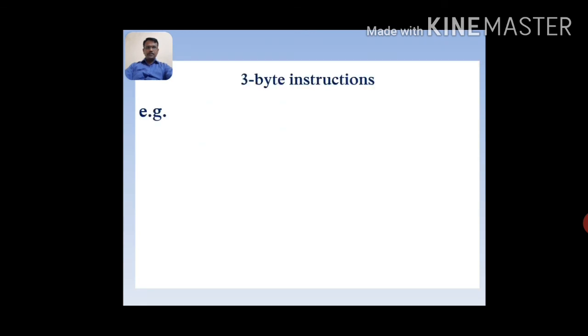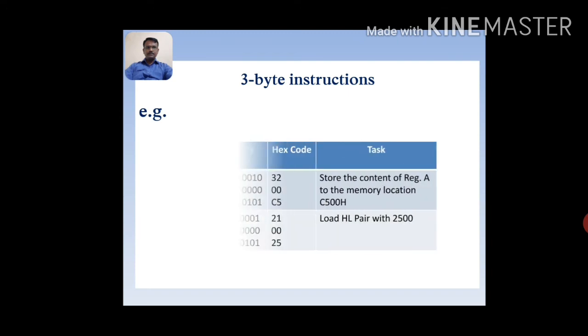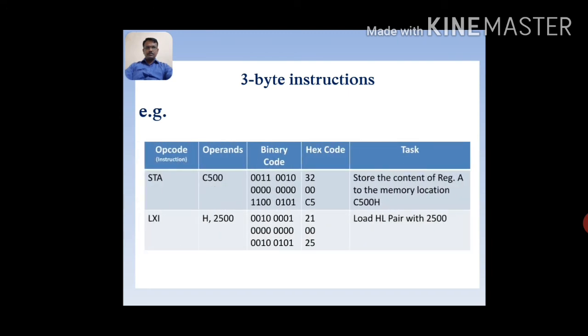Examples of 3 byte instructions: STA C500. So STA is the opcode, the task to be performed, and C500 is the address of a memory location. When the microprocessor executes this instruction, it will perform the task of storing the content of the accumulator to memory location C500.